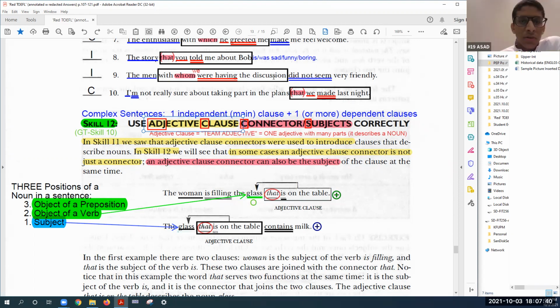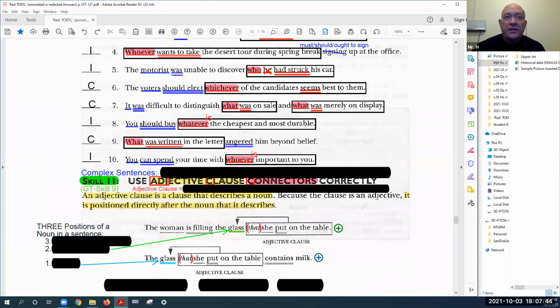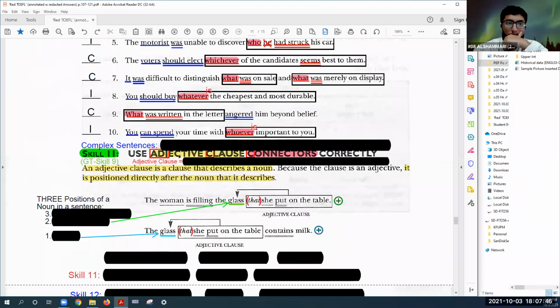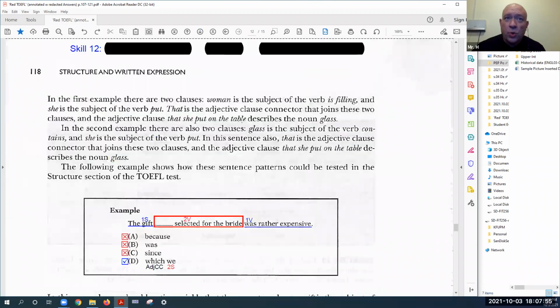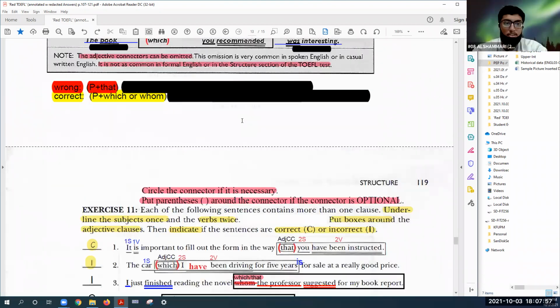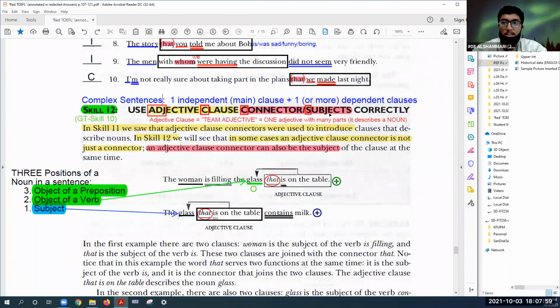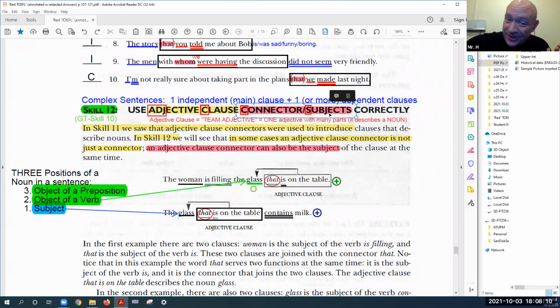Al-Shemari, you have your hand up. Let's look at it one more time. Look at 11 and read it: use adjective clause connectors correctly. Now 12: use adjective clause connectors as subjects. 11 is just adjective clause connector.